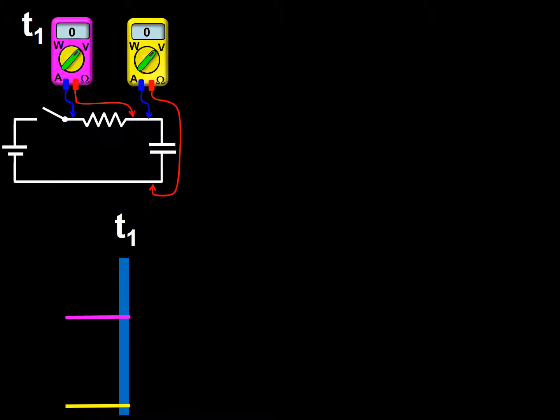If we were to draw a line reflecting the value of each voltmeter, we will see two straight lines representing no voltage.